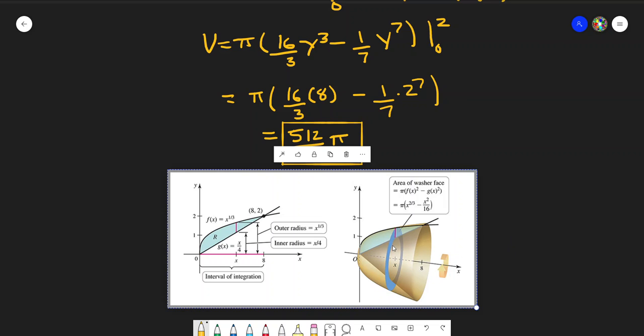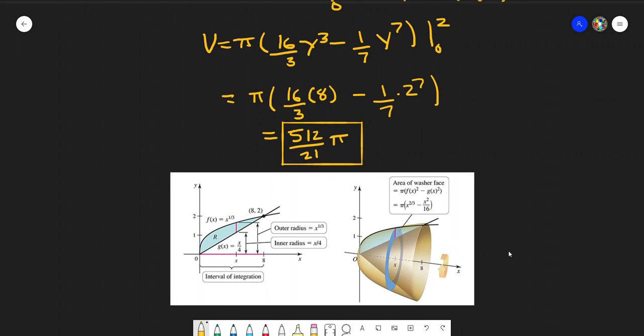It would be interesting for you to try to figure out the integral or the volume. The volume is from 0 to 8, pi times x to the 2/3 minus x squared over 16, dx.